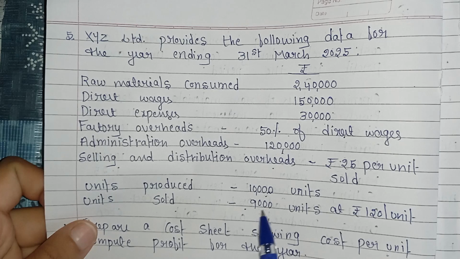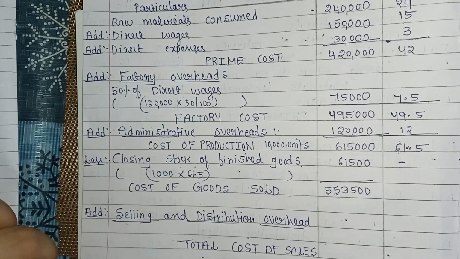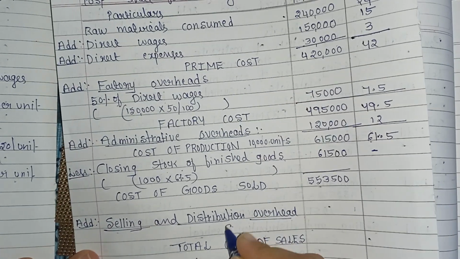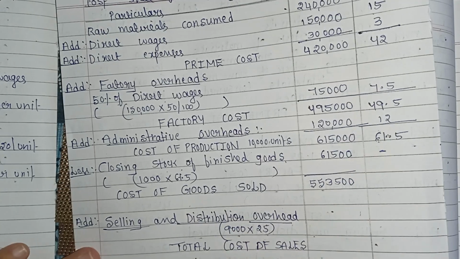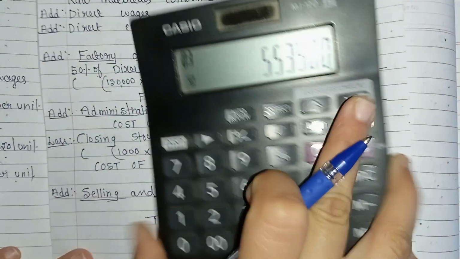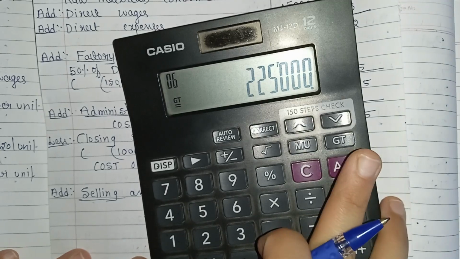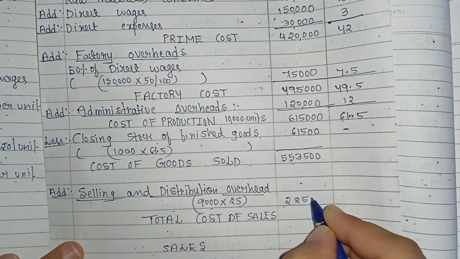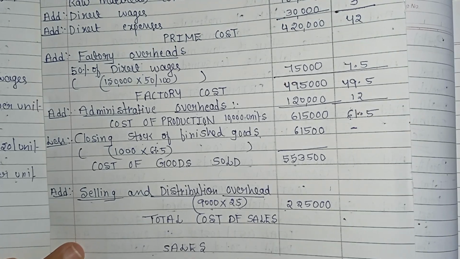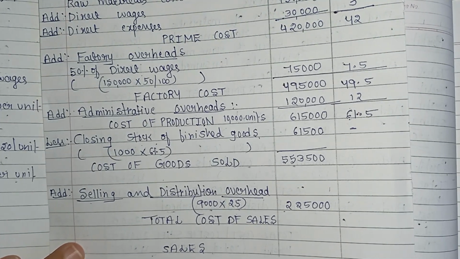Here units sold are 9,000, so 9,000 into 25. How much? That is rupees 2,25,000.